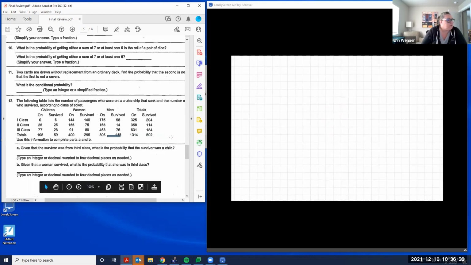So they're saying, remember, the given part establishes our population, okay? So we're looking at third class only. So that's these people right here. Just this row. So there was 631 total in third class, but only 184 survived.